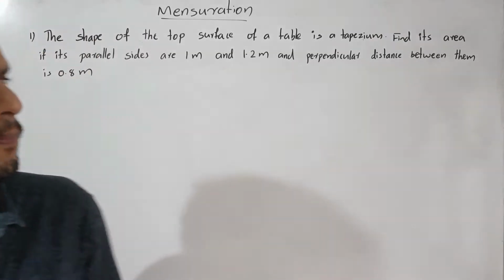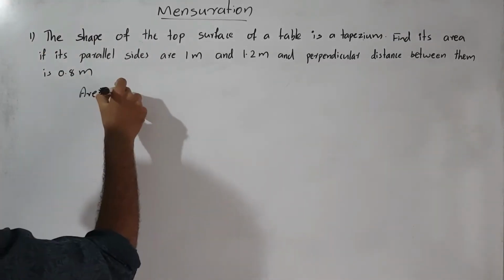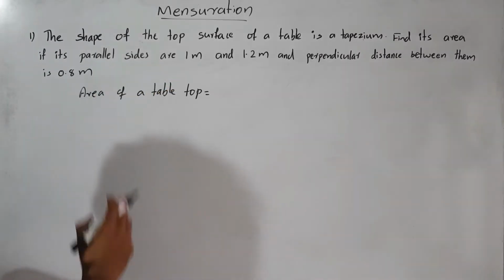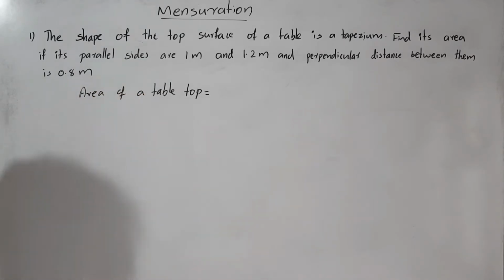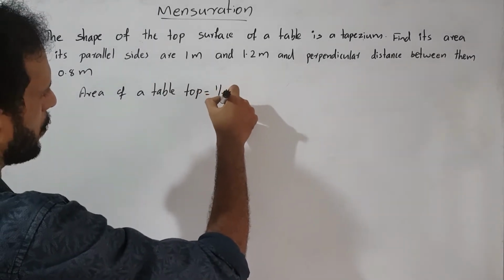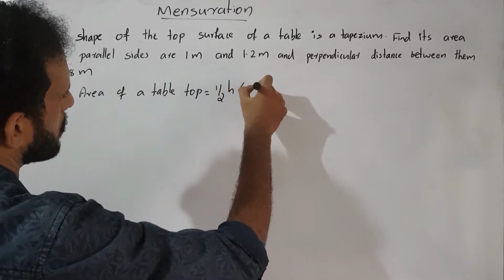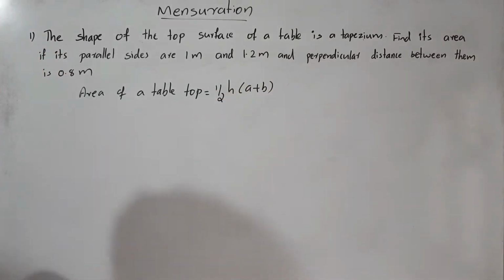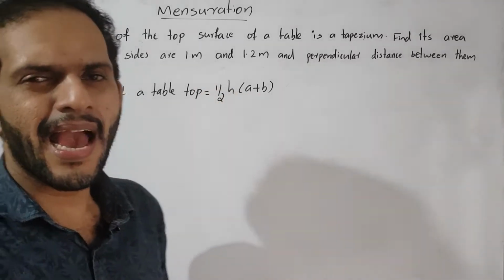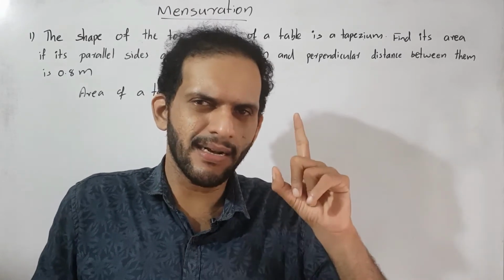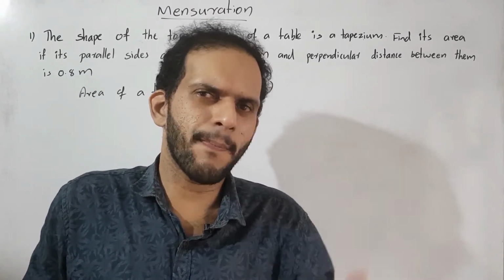Area of the tabletop is equal to half into h into a plus b. a and b denote the parallel sides, and h denotes the distance between the parallel sides.